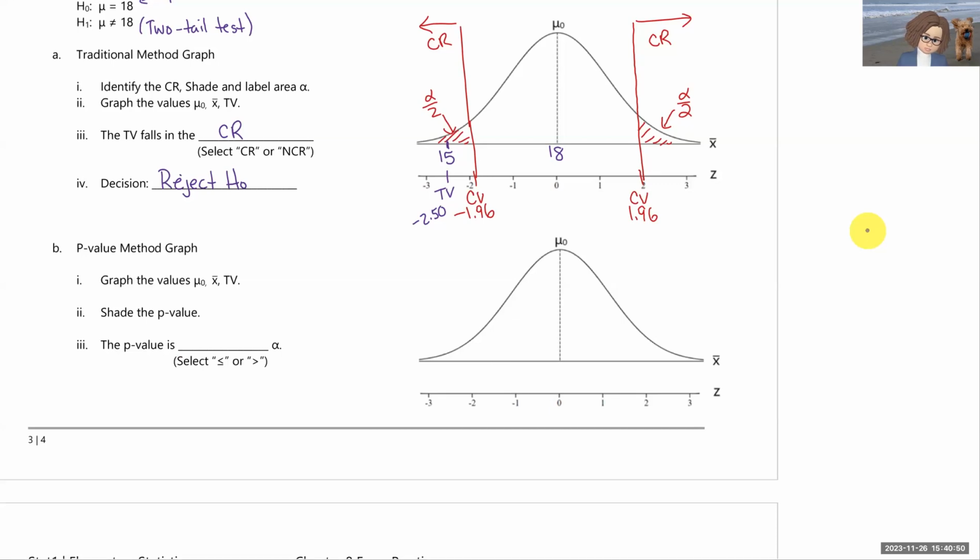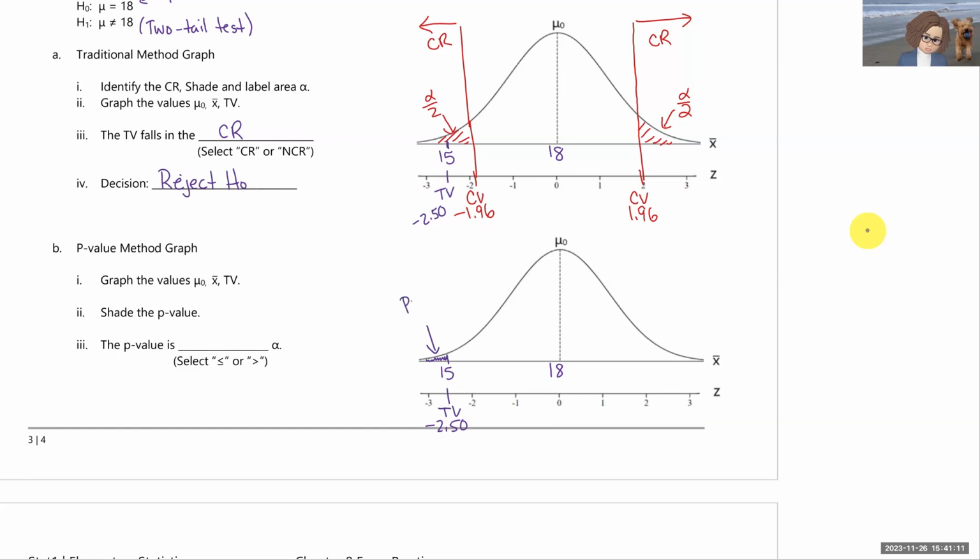All right, so with the p-value method, we label our mu naught, and then our test value, negative 2.50, told me that 15 is there. And that little bit of area there is half of the p-value.